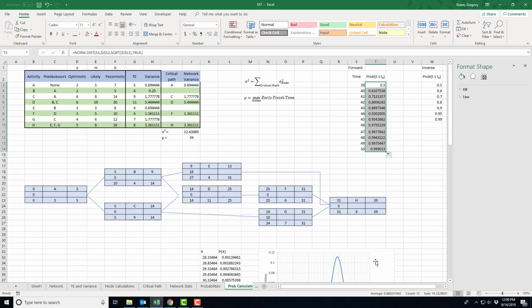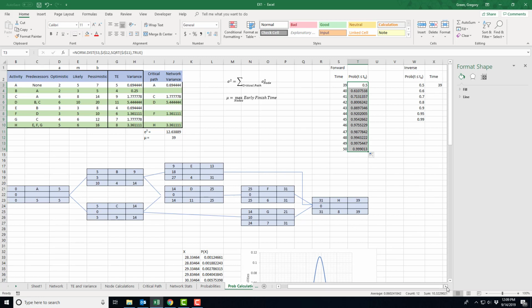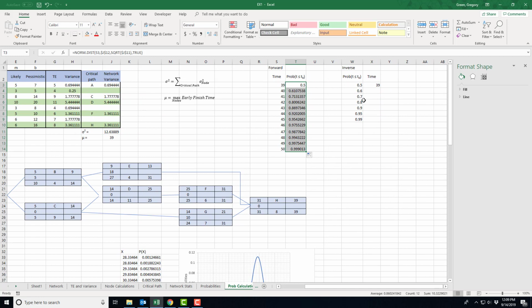Okay. Now, frequently the question comes kind of on the flip side. What I mean by that is oftentimes we're given the probability, this column, and we're asked to find the time. So instead of going from left to right, we're going from right to left. Okay?